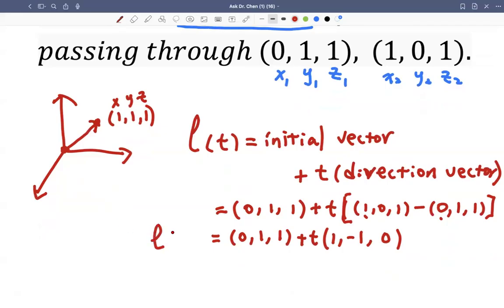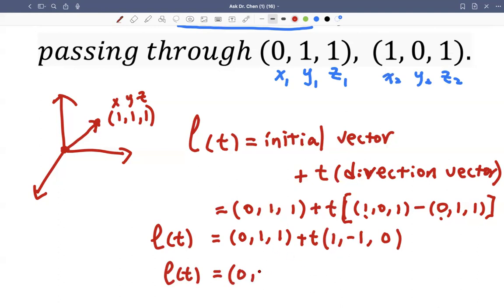So that's it. Basically, the addition of 2 vectors represents this line in 3-dimensional space passing through these 2 points. If we want, we can simplify this representation a little bit by adding those 2 vectors.